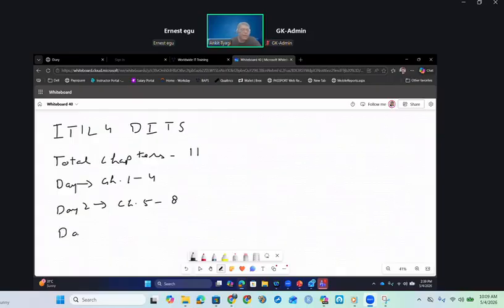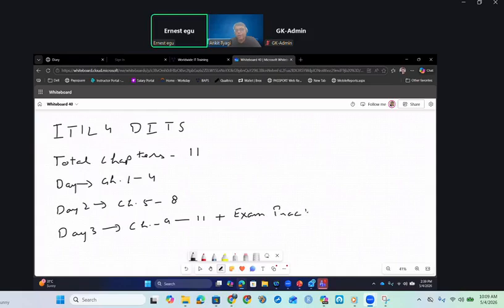And day 3, we are going to do the remaining chapters, which are chapter number 9 till 11. Plus, we are going to do exam practice on the last day itself.